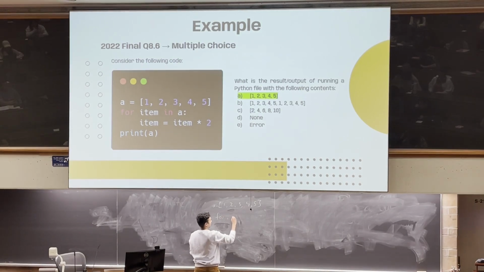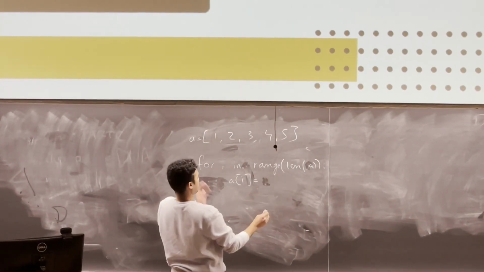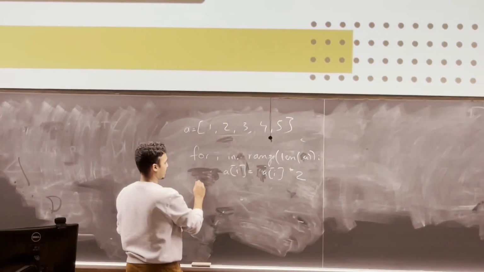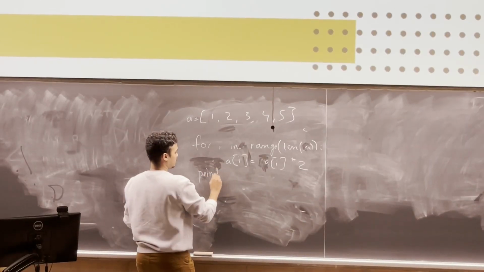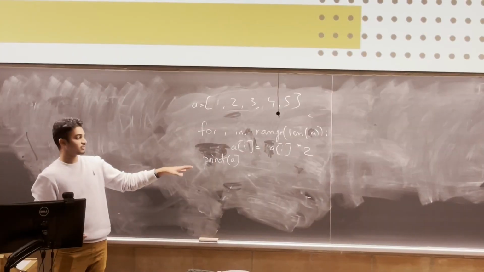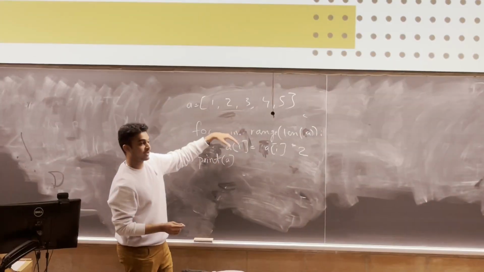The quick solution would be A[i] is equal to A[i] times 2, access it, change it, store back. This would affect the list itself. Because you're accessing the array element, multiplying it by 2, and storing it back to the array itself.